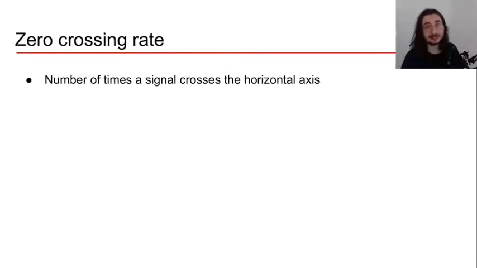The third time domain audio feature that I want to introduce in this video is called zero crossing rate. This is a quite popular acoustic feature used both in speech recognition and in music information retrieval. And it's quite intuitive because it provides us information about the number of times that a signal crosses the horizontal axis. So before getting into the math, let's visualize this.